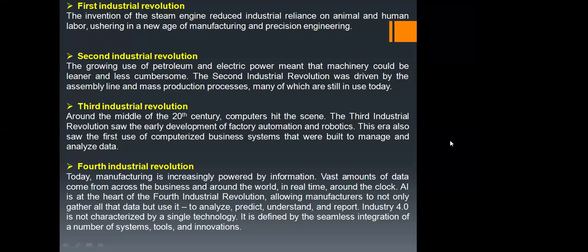This data, along with automated technologies, is the heart of the fourth industrial revolution, which allows the manufacturer not only to gather data but to use it, analyze it, predict, understand, make reports, and give feedback. It is not characterized by a single technology; it is an integration of a number of systems, tools, and innovations.